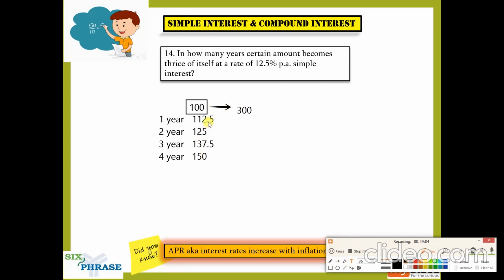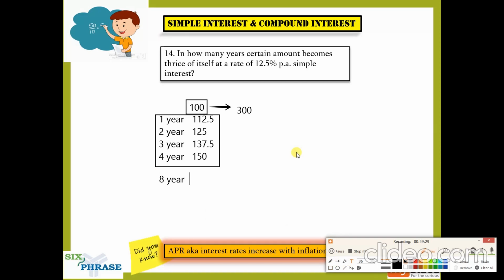Now you can see it goes on like this, right? So how do you find how long it will take to get to 300? See, it took 4 years for it to increase by 50. Now it will take 8 years for it to become 200. Am I right, guys? Yes, this is how you shorten or save time.